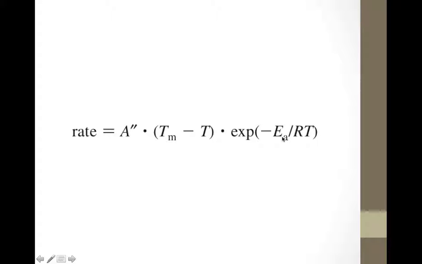This equation makes phenomenological sense if we consider the conversion between the phases to be an activated process with activation energy EA and a driving force proportional to the difference in free energy between the phases, proportional to Tm minus T when close to the transition temperature.